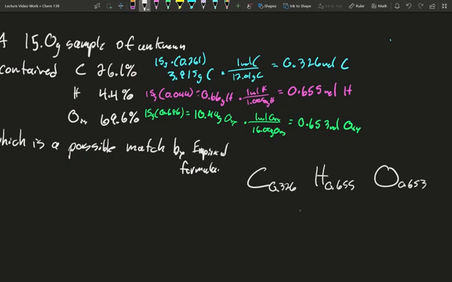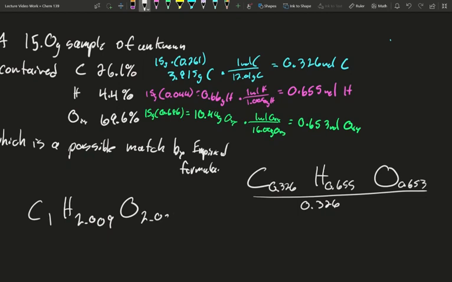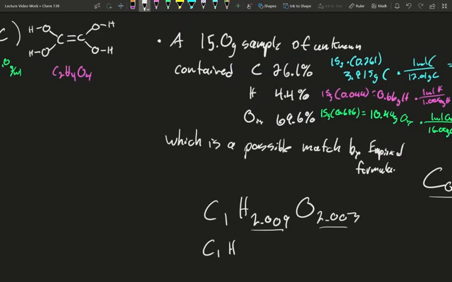The lowest number of moles in the formula is from the carbon, so I divide them all by 0.326. That'll give me a single carbon. I'll give my hydrogens 2.009 and my oxygens 2.003. Figuring with a little error in our measurements, that's pretty much 2 and 2. So this is 1 carbon, 2 hydrogens, 2 oxygens. So this is a C1H2O2.